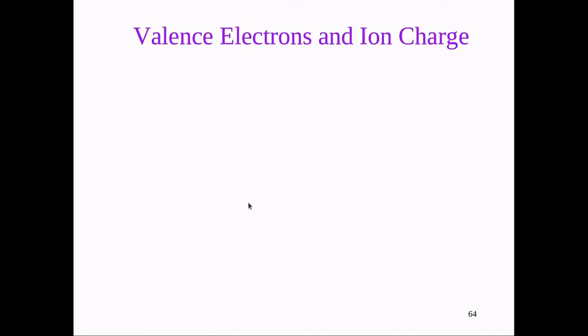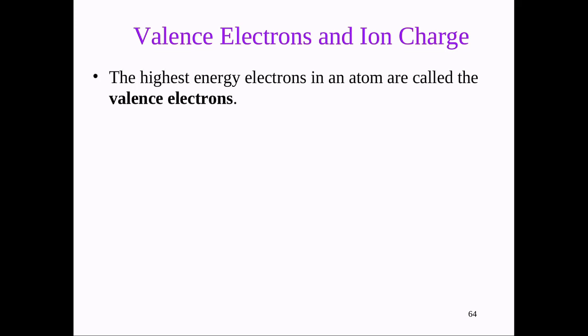So let's talk a little bit, this is kind of a precursor to some content that we're going to have later. Which electrons are moving in this situation? So we have this thing called the valence electrons, okay? These are the highest energy electrons in an atom, okay? And we'll see later that there's actually a correlation between how much energy these electrons have and how far away they possibly could be found from the nucleus.